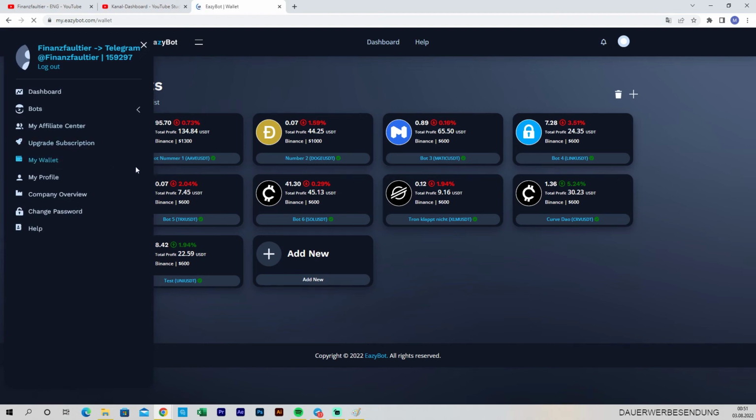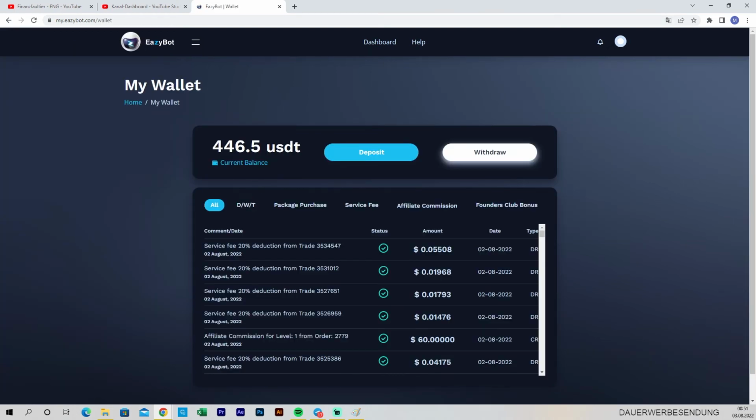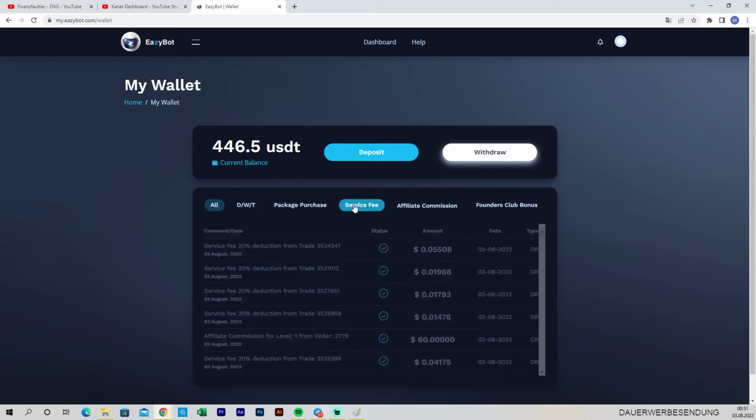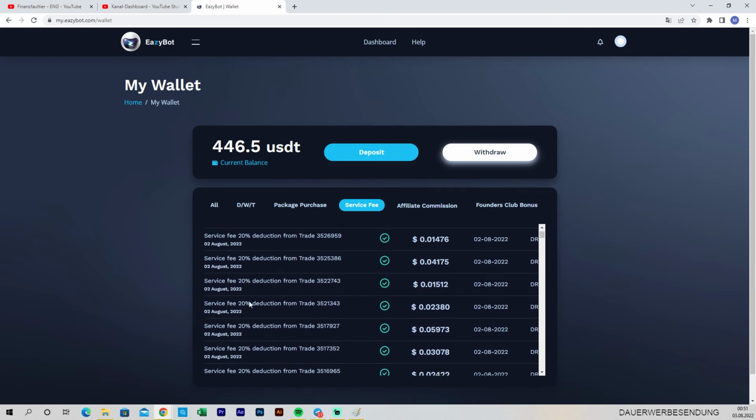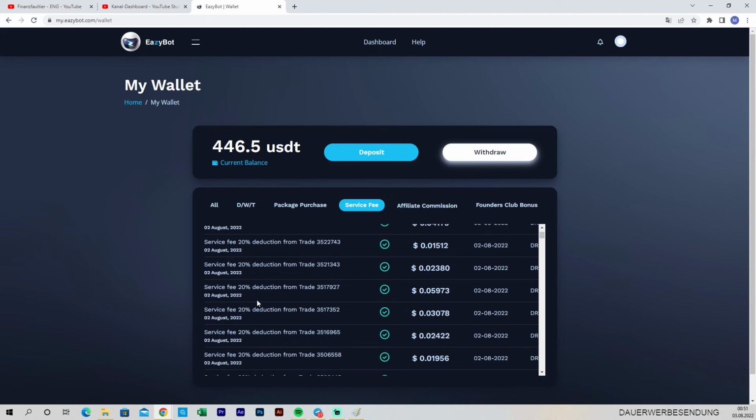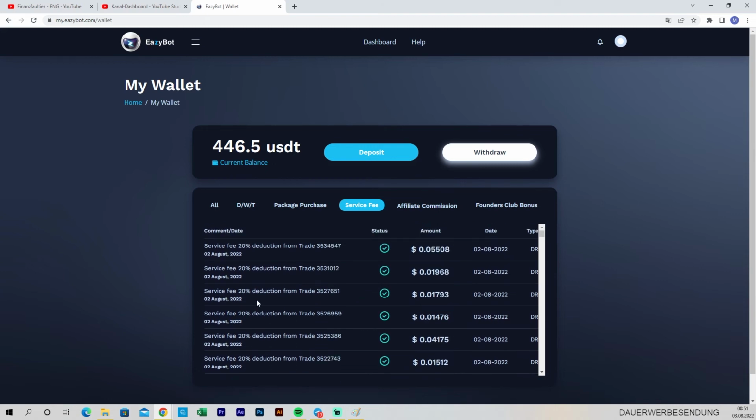When you go to my wallet, I now have $446 in here, and that's basically for trading fees. You see, it's 20% for me, and it's 30% on the free version as a service fee. So if you have a profitable trade of $1, 20% of it gets taken away from the internal wallet, and that's basically the only money you give away from your exchange. So this is the third-party account, and that's the only risk, so to say, you have.